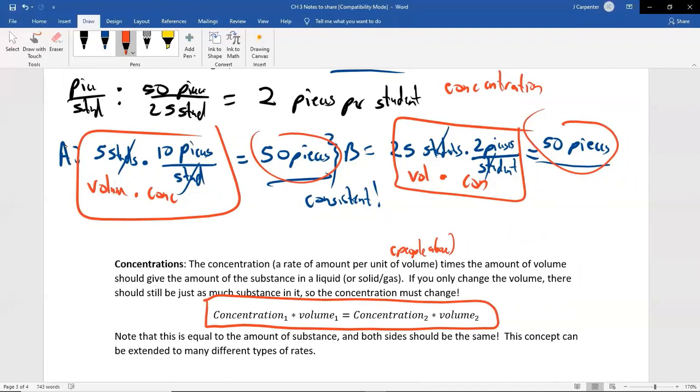So the left and the right side would match, and what do they happen to equal? They equal the total amount of the substance, so the total amount of fats, or the total amount of poison, or the total amount of whatever it might be, the cleaning agent. You can talk about so many different concepts here.